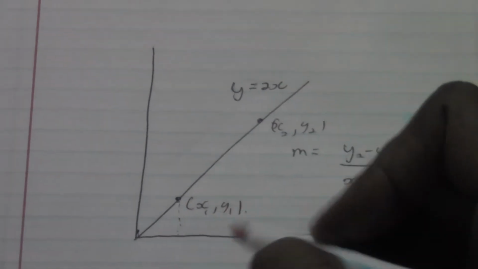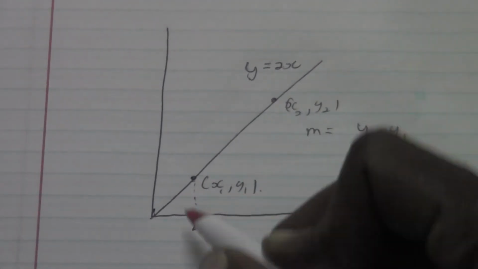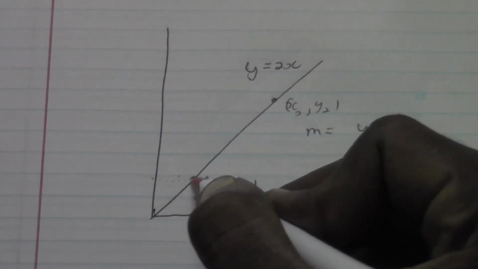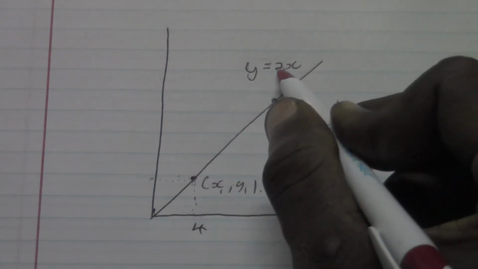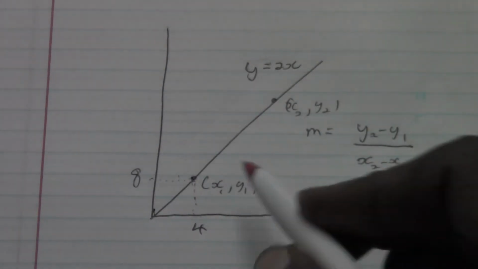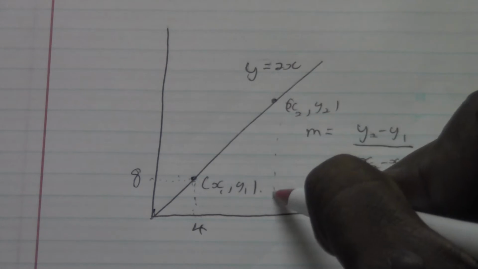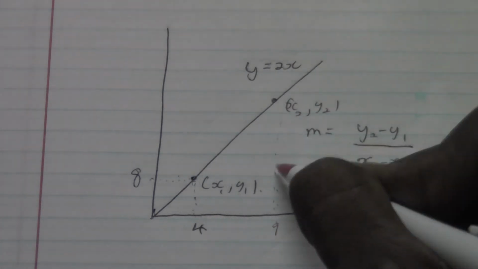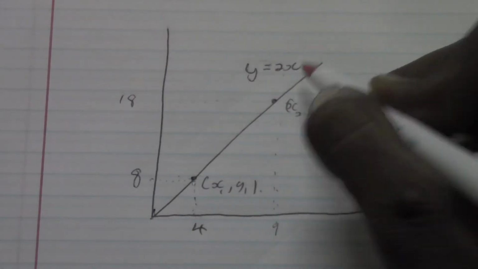So if x is 4 at this point, the y value for this graph will be 2 times 4, which is 8. And if you choose the next one, 9, the matching y would be 18, 2 times 9.